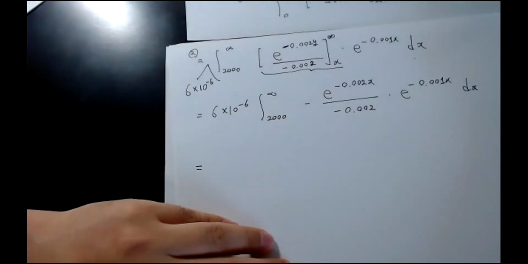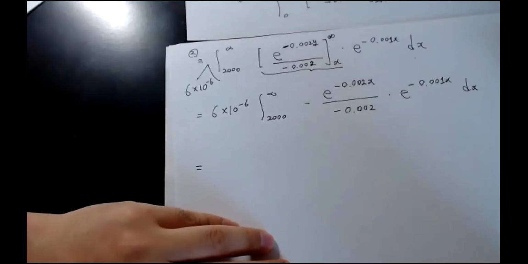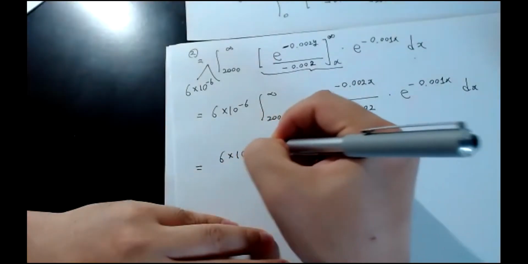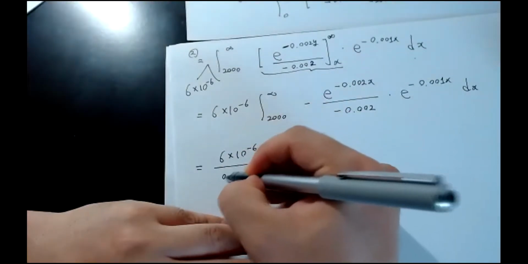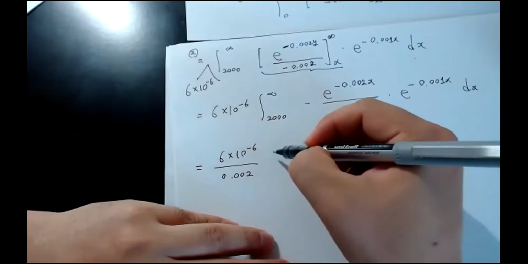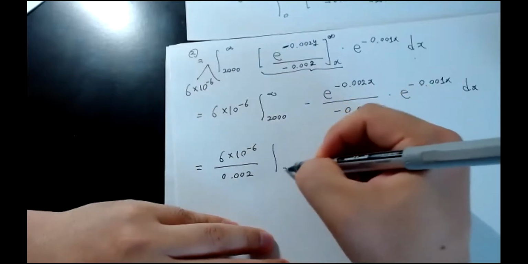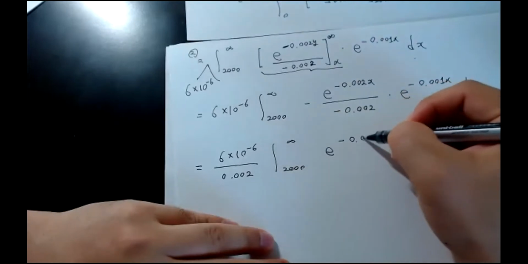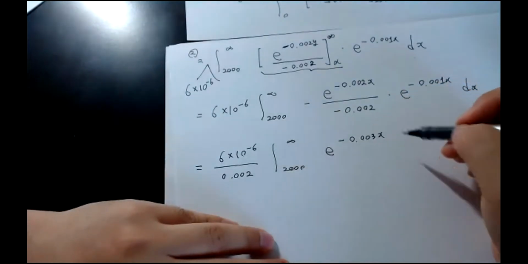So we get 6 times 10 to the negative 6 over 0.002, times the integral from 2000 to infinity of e to the minus 0.003x dx.